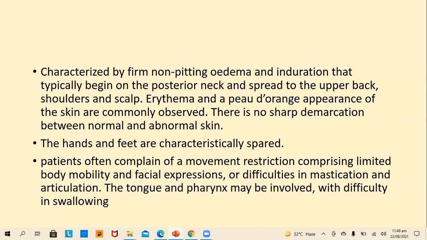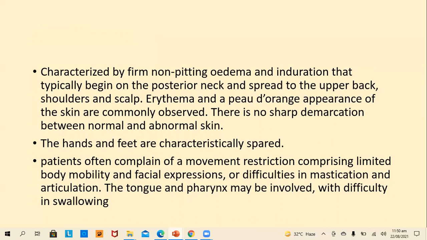Erythema and a peau d'orange appearance of skin are commonly observed. There is no sharp demarcation between the abnormal and normal skin. Hands and feet are characteristically spared. Patients often complain of movement restriction comprising limited body mobility and facial expression, or difficulties in mastication and articulation.